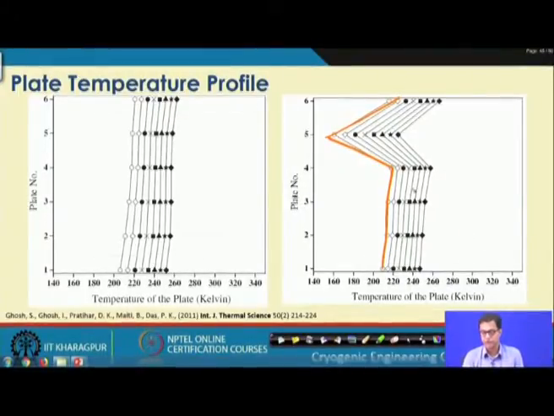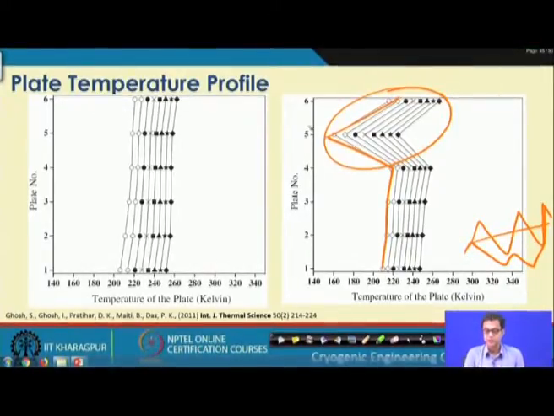If we do it for this configuration also, we will find that the cumulative heat load will not have an optimal zigzag pattern. It will have some kind of pattern like this, and that will correspond to a deviation in the wall temperature, or non-uniform wall temperature.